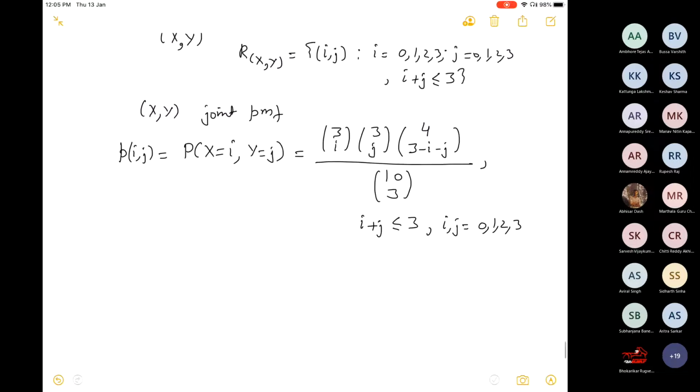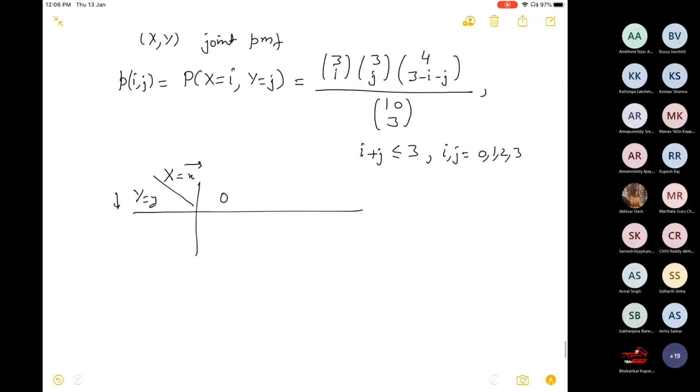Now you can just plug in the values of i and j. Then also you can write X is equal to x, Y is equal to y. So x is taking values 0, 1, 2, and y is taking values 0, 1, 2.